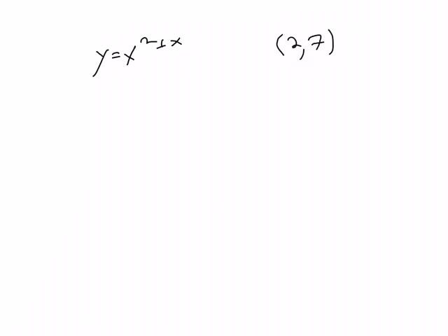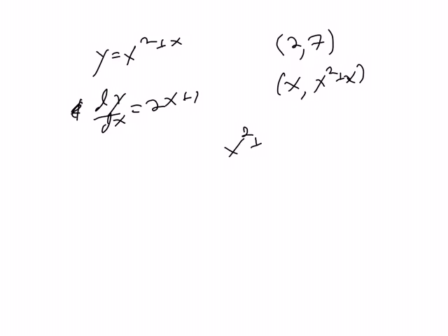I'm not going to draw it, but again dy over dx is going to be 2x plus 1, and every arbitrary point is again (x, x squared plus x). So finding the slope between these gives us (x squared plus x minus 7) over (x minus 2) equal to 2x plus 1.